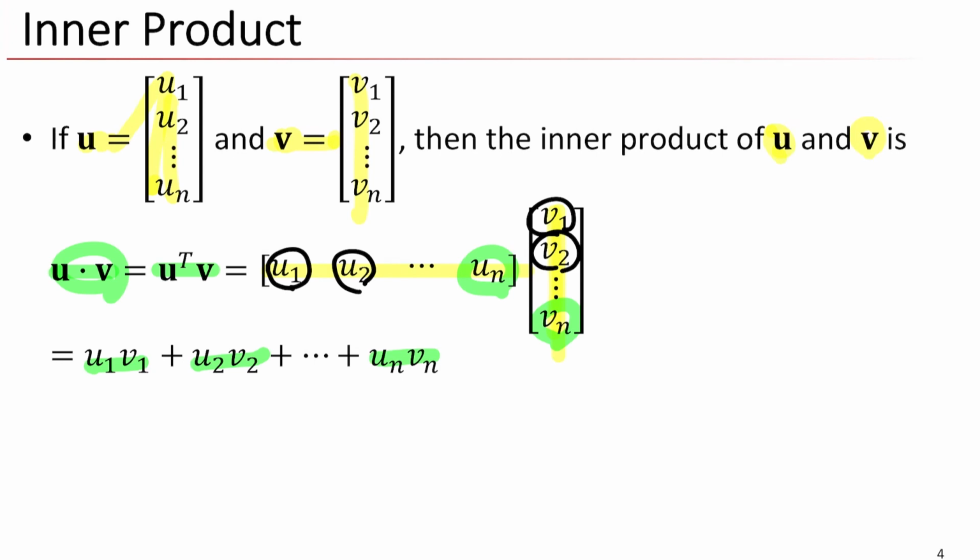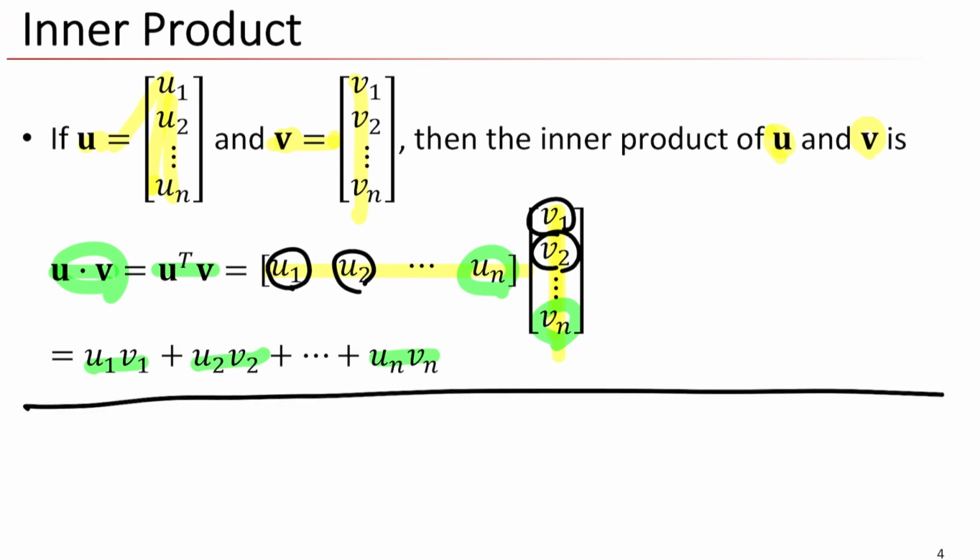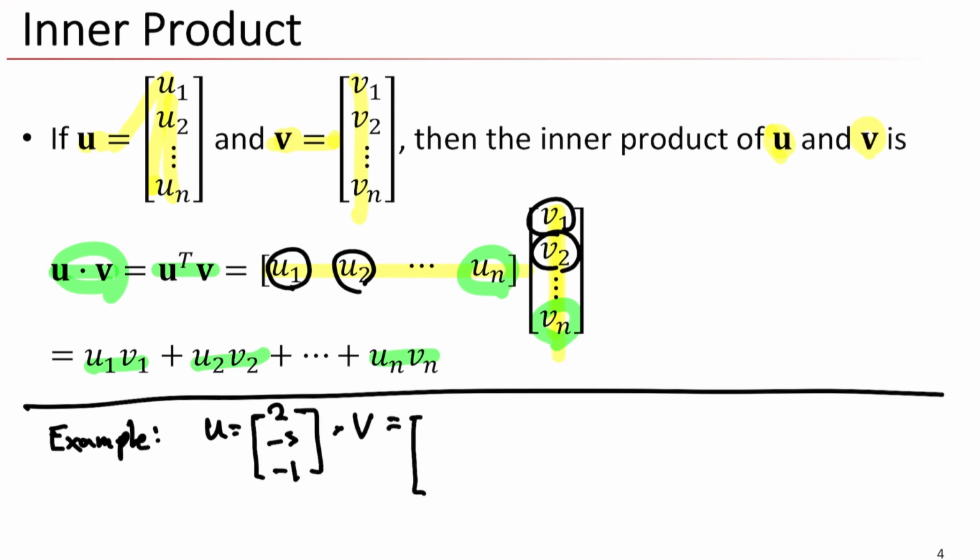Okay, let's see one example. For example, let's say vector u is something like 2, negative 5, negative 1, and vector v is something like 3, 2, negative 3, right?